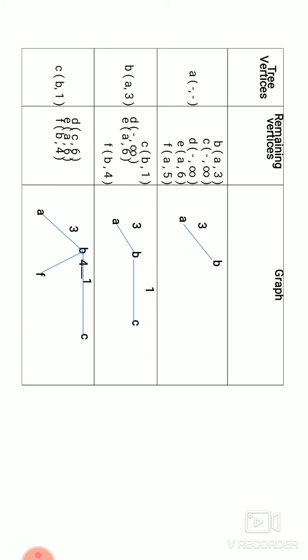So I have changed here F of B comma 4 instead of F of A comma 5. If I reach F from B, my parent node will be B and the distance will be 4. So in the second row I have taken C of B comma 1, D of dash comma infinity, E of A comma 6, F of B comma 4. Among these 4 nodes, which one has the minimum distance? Definitely it is C, C of B comma 1.